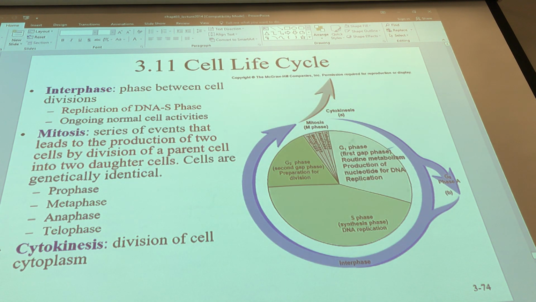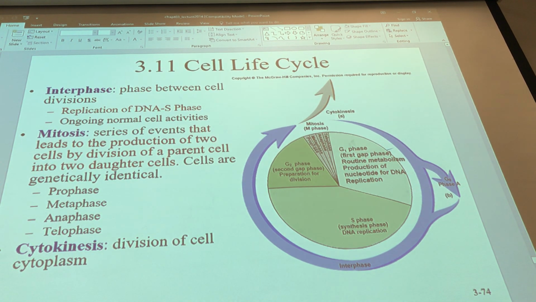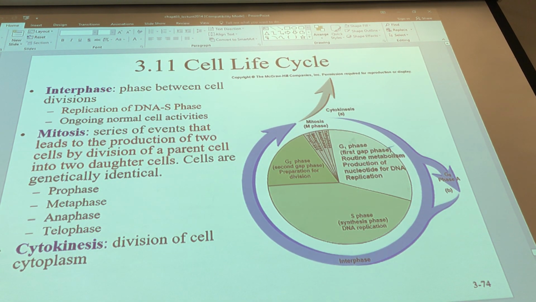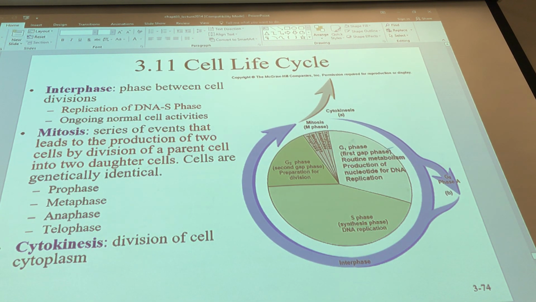Now, let's talk about the cell's life cycle. What happens to the cell, and when does it undergo certain processes? Keep in mind that unlike when we mentioned protein synthesis, that's going to be done continuously throughout the lifespan of a cell.